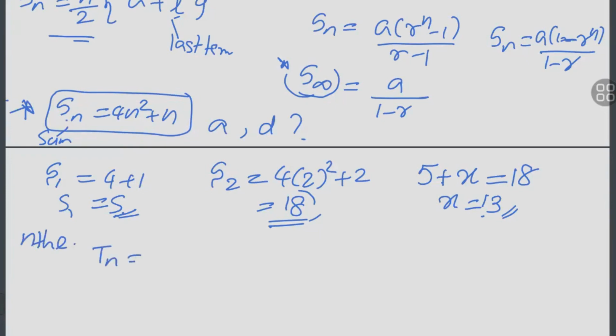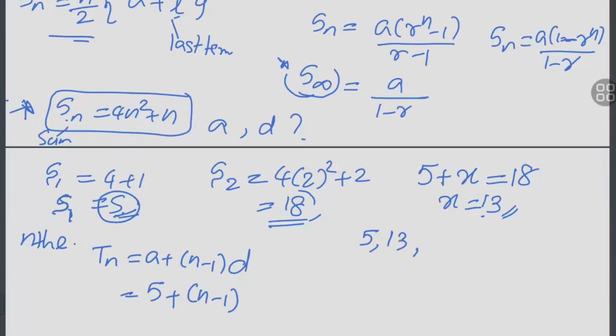Tn equals a plus (n minus 1)d. Right? Now you know S1 means first term, and the first term total is 5. In the term (n minus 1)d we can find it, because for S1 the first term we found is 5, and the second term we found is 13. Right? If you need, you can find the third term also. With that, check what the series is. S3 equals what? 4 into 3 squared plus 3. 9 into 4, 36, 39. That means S3 means what?